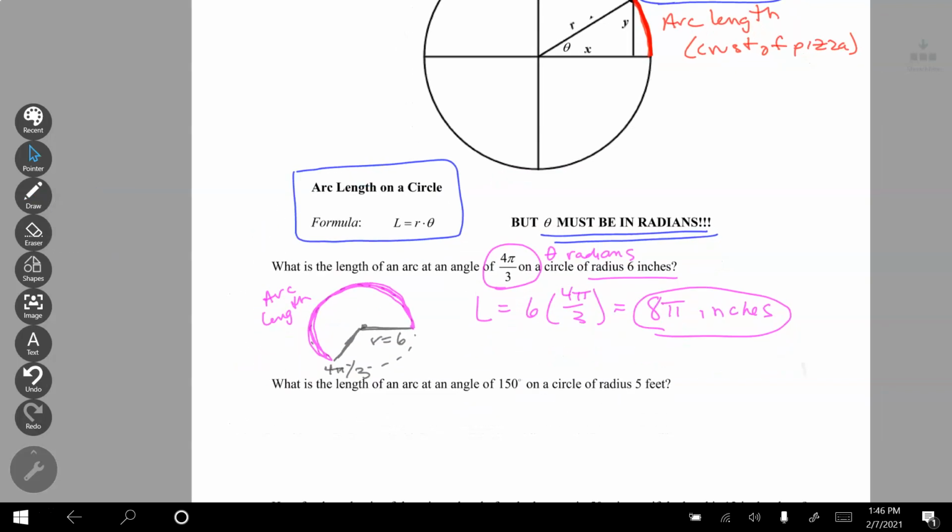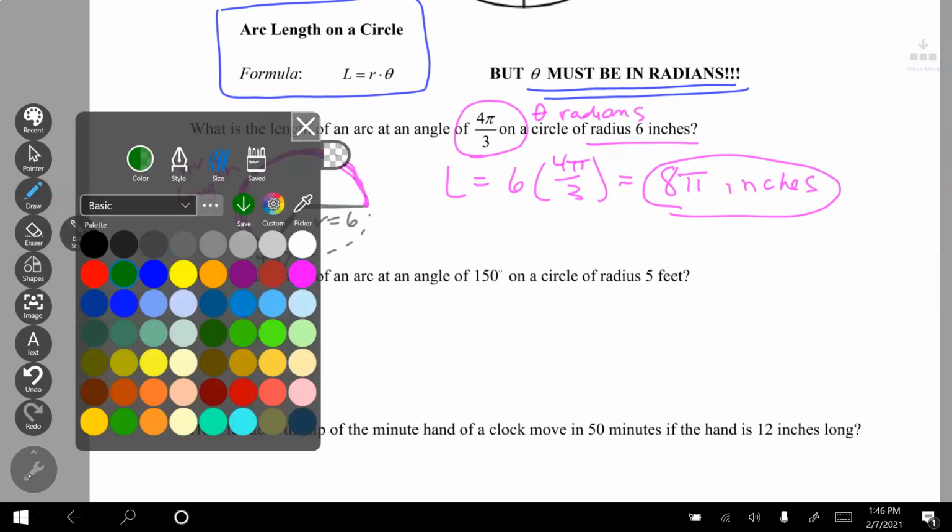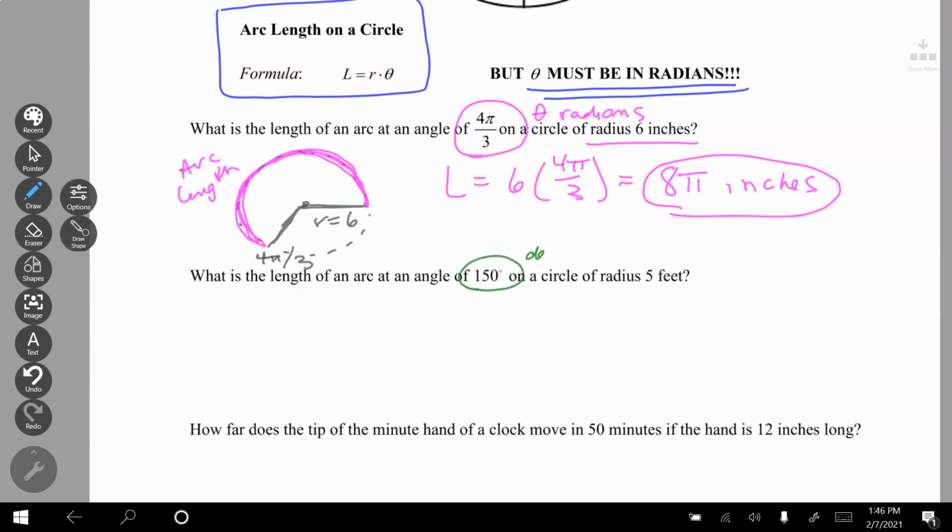The next example isn't so easy because I have an angle of 150 degrees. I can't use that. I have to convert 150 degrees into radians. So I have to multiply by pi, divide by 180. I get theta is 5 pi over 6. And that's the theta I have to use.